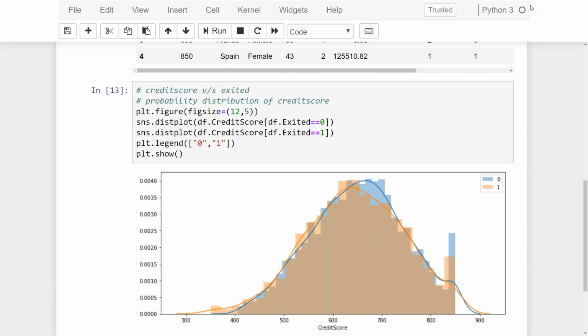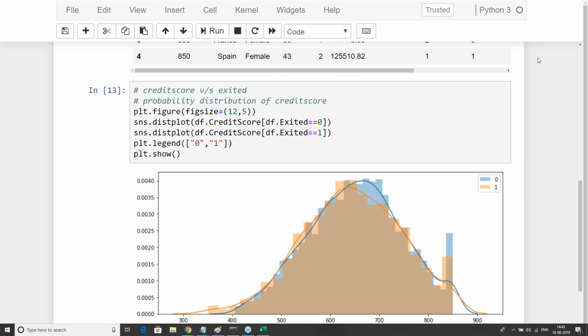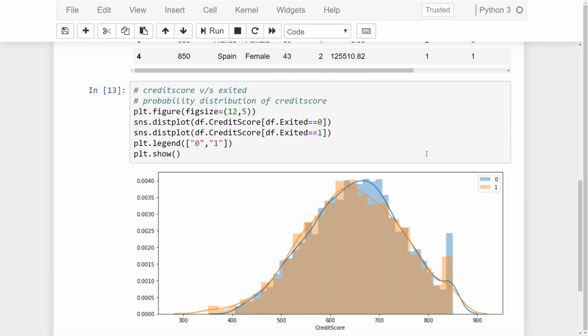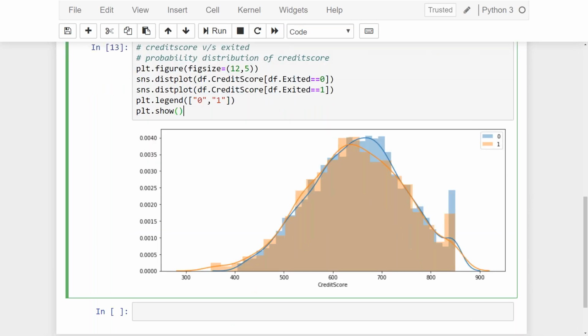So now we have two probability distributions: one is the distribution of those customers who are not leaving, and the second is the distribution of those customers who are leaving the bank.